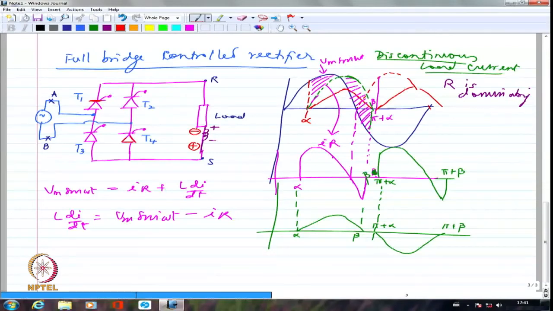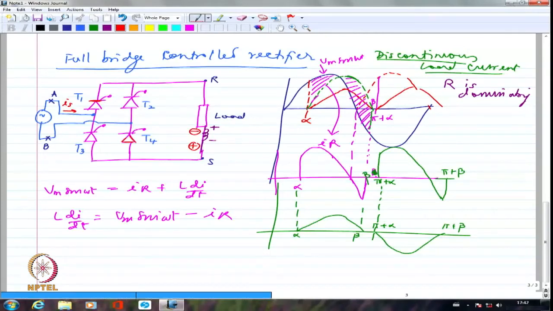That is the reason why conduction is possible through T1 and T4. And remember, only when T1 and T4 conduct is my IS flowing in this direction. When T2 and T3 conduct, the IS will flow in the opposite direction. Get my point? The supply current will reverse its direction if I am switching the conduction from T1 and T4 to T2 and T3.